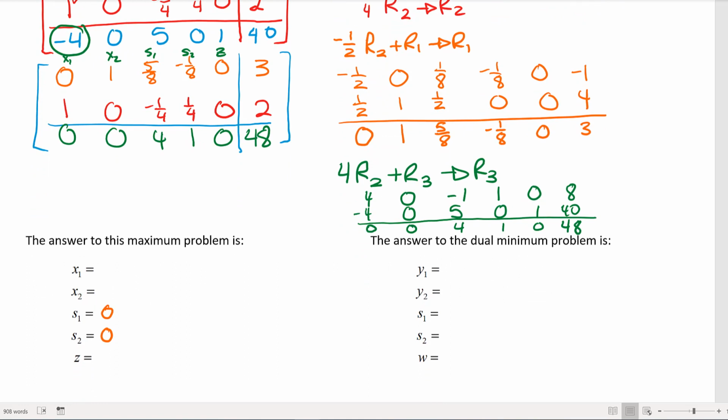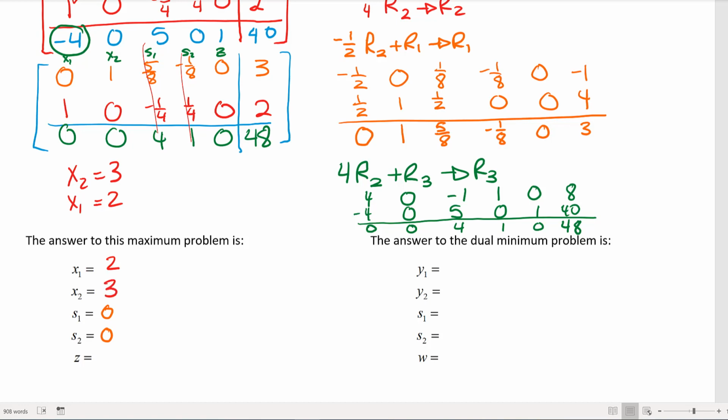Because I set those equal to 0, I'm just going to put little lines through them for the time being. And if I read the equation across, that gives me 0x1 plus x2 equals 3. The second equation has 1x1 plus no x2's plus no z's equals 2. So I have x1 equal 2 and x2 equals 3.